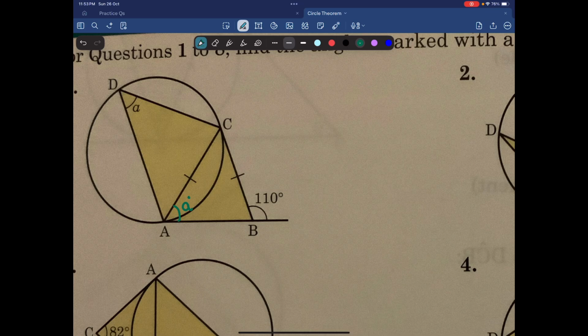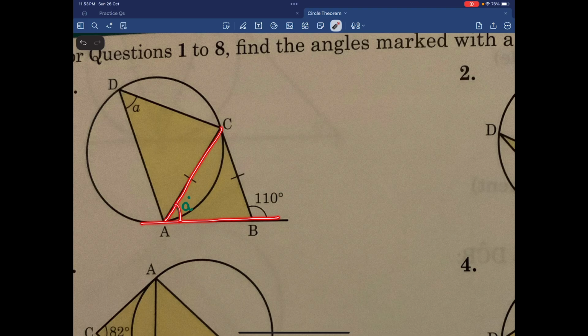Okay, so the angle made by the tangent and the chord at the point of contact, so basically this angle, is equal to the angle subtended by the same chord. Which chord is that? AC chord in the alternate segment. So this is the segment that we were discussing initially. So which is the alternate segment? This is the alternate segment. So the angle made by chord AC in the alternate segment at the circumference, they are going to be equal.